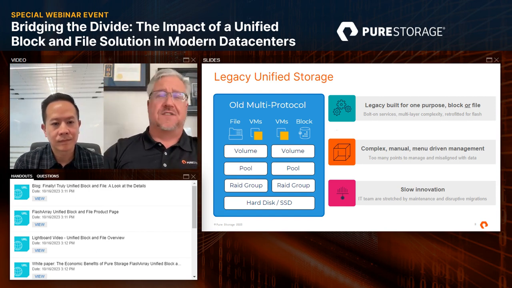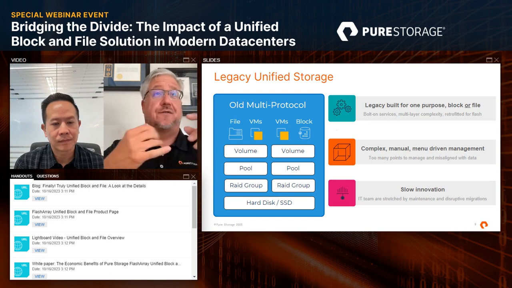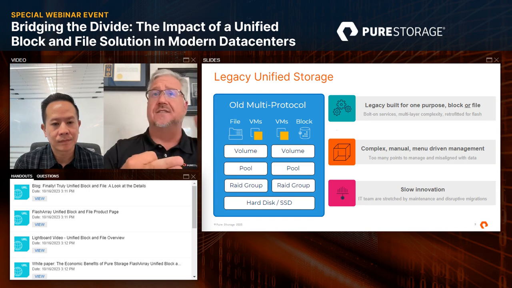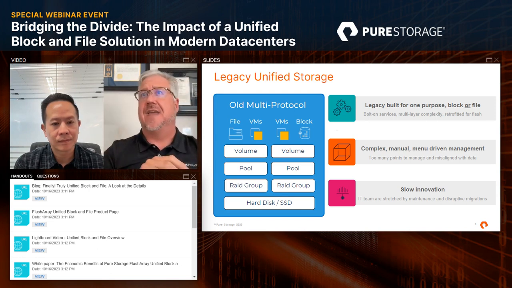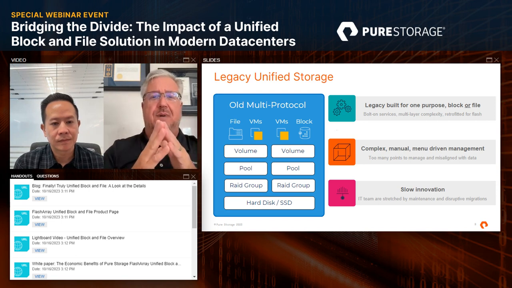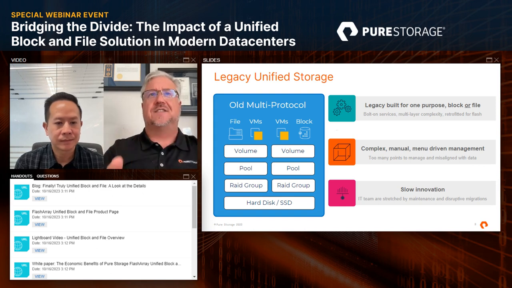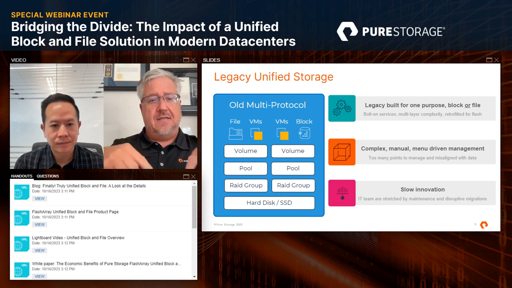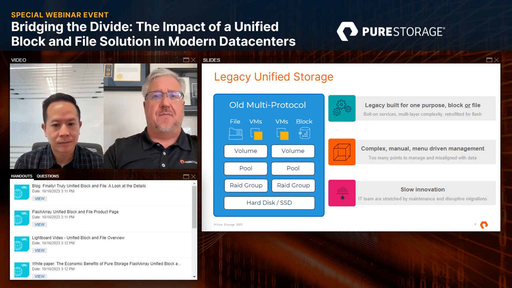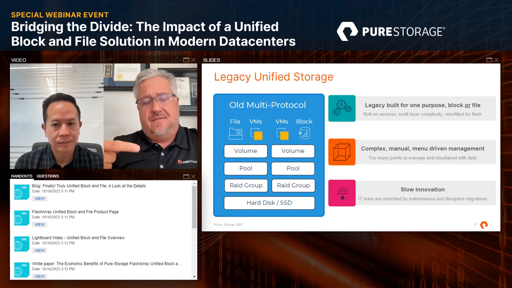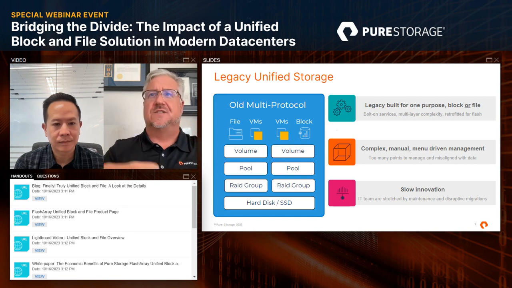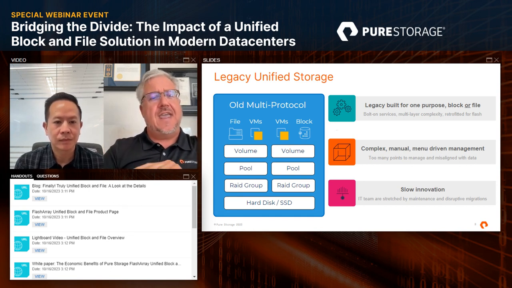And then that volume was served up to the host, and it was used for either files or virtual machines or block if you were using a database that was talking directly to it. But if you look at that blue box, I think the interesting thing is that's two separate swim lanes for two separate protocols that involve the same type of complicated way of provisioning the storage upstream to the hosts themselves.